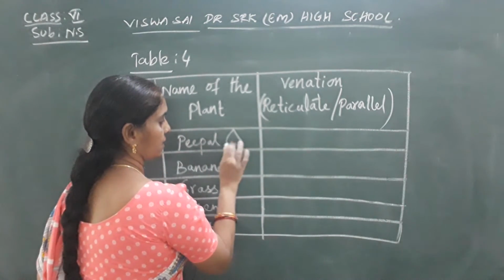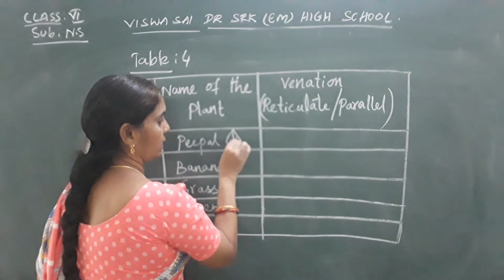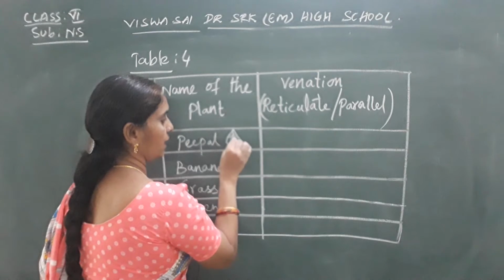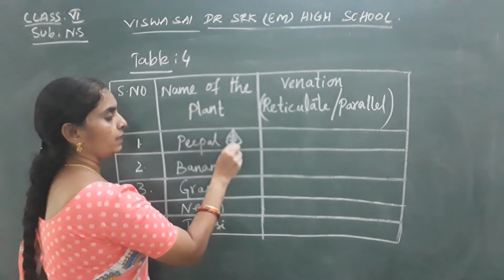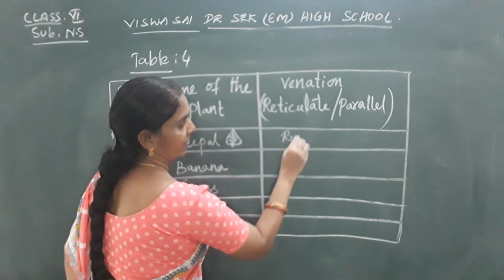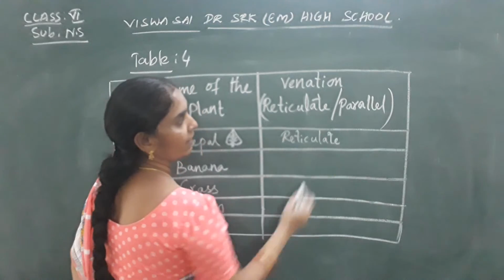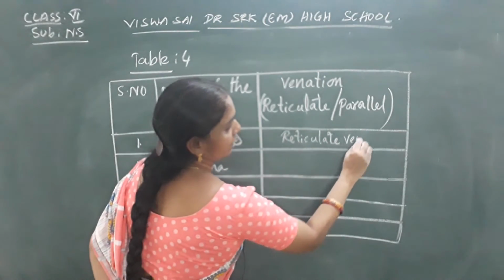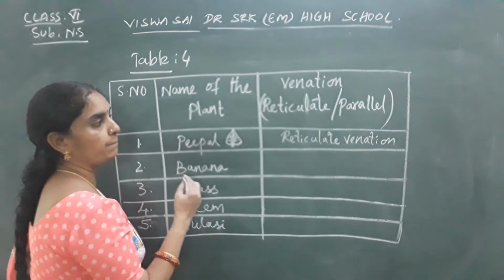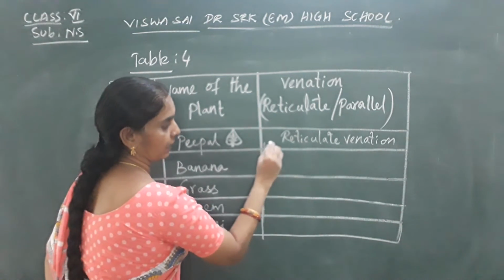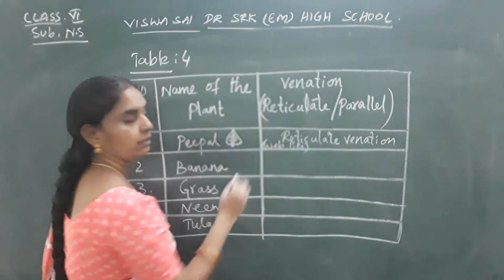It is like this, isn't it? So reticulate venation is seen for the peepal leaf. Web-like arrangement of the venation. Reticulate means web-like venation.